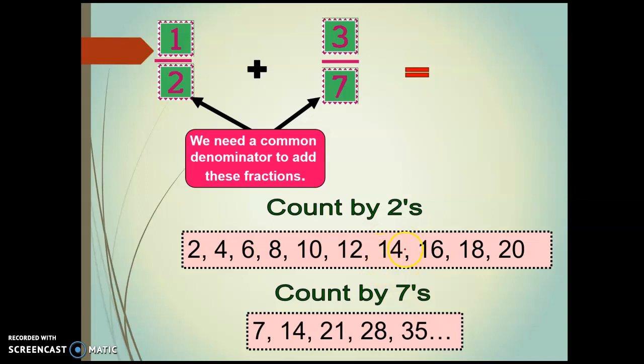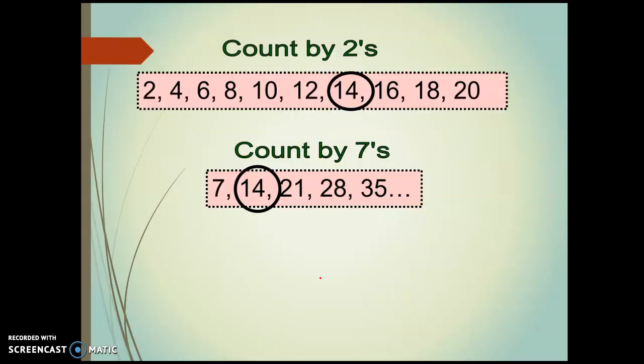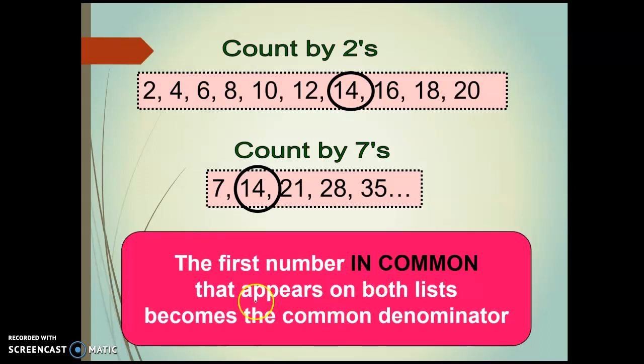Sometimes it can be more than one, sometimes it's only one, but you only have to find the smallest one. So this time it's 14, right? So by that we can conclude that 14 is the common denominator.